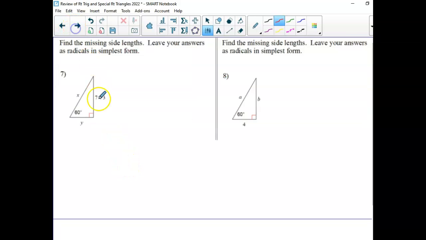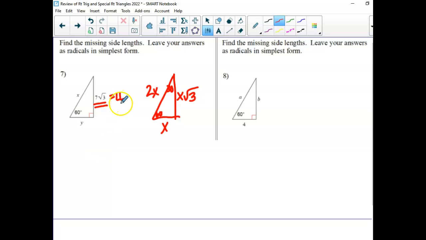so we are going to move to this problem. So normally if we drew our 30, 60, 90 this way, we'd have the short leg, the hypotenuse, and the long leg like this. Okay, I'm just drawing it in this same way. So they gave us 7 square roots of 3 on the long leg. I'm going to write LL there for long leg.